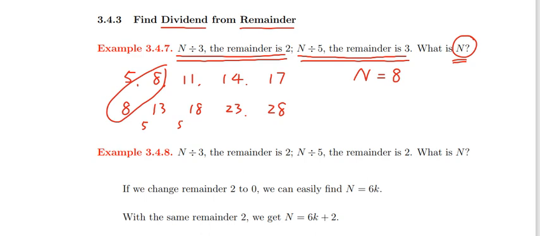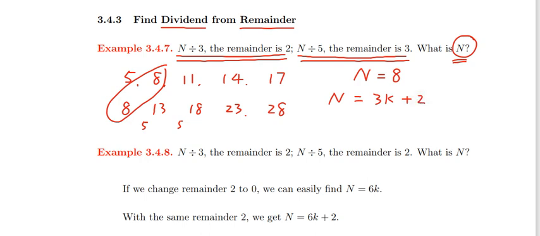Okay, so if we want to find a general form for n, we should write this: n divided by 3, remainder 2, n equals 3k plus 2.